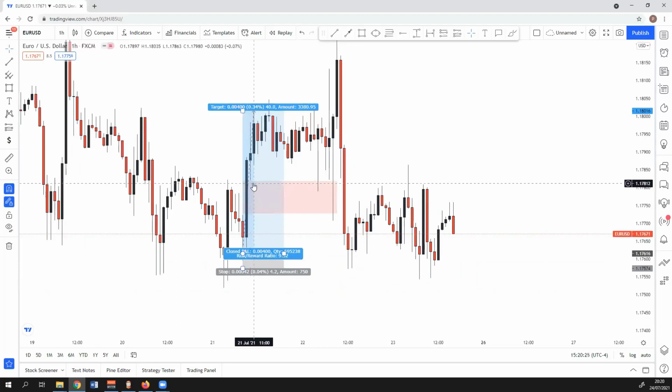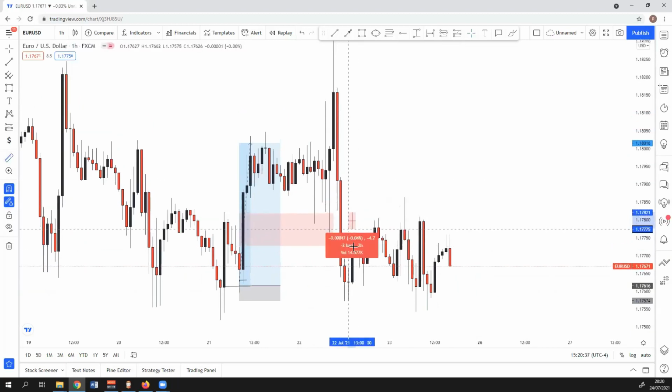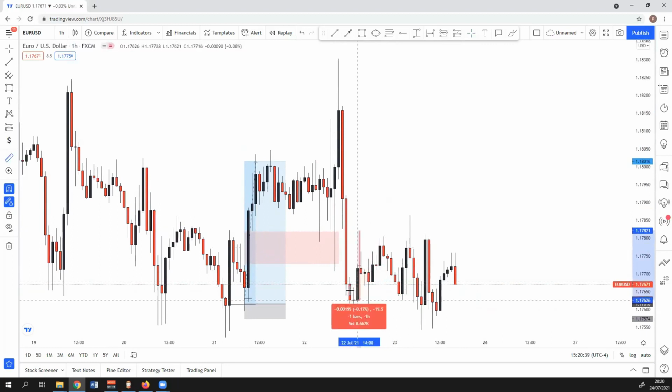But if you use that as your entry, you would suffer a really huge drawdown while you wait for price to really be done with its move. So you would have suffered a drawdown of 11 pips.